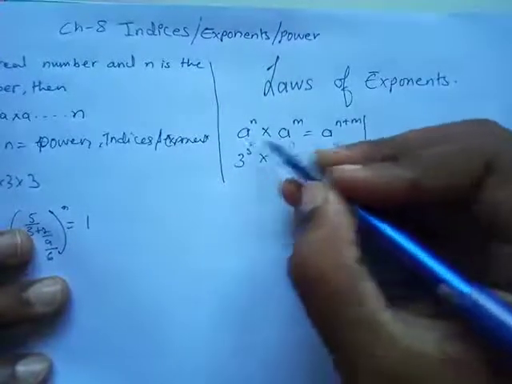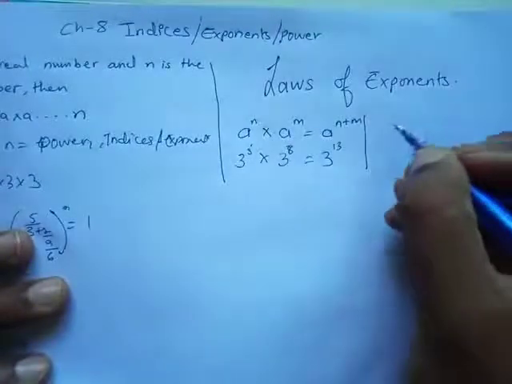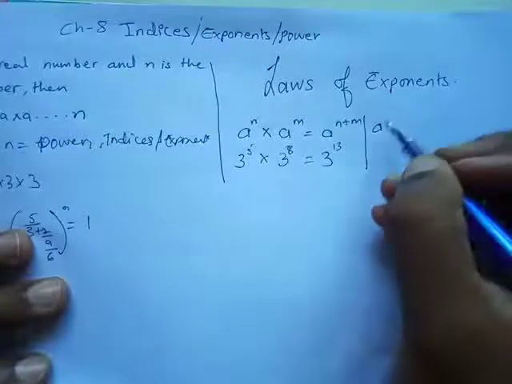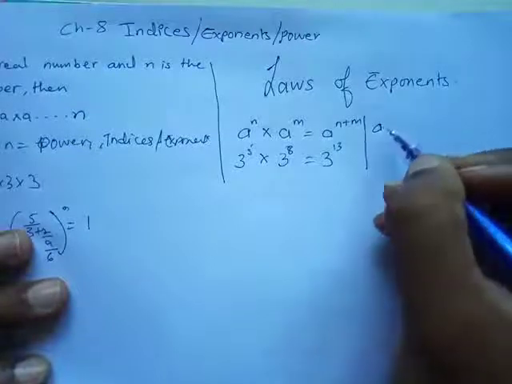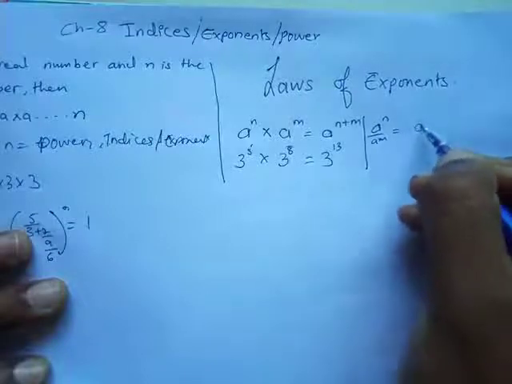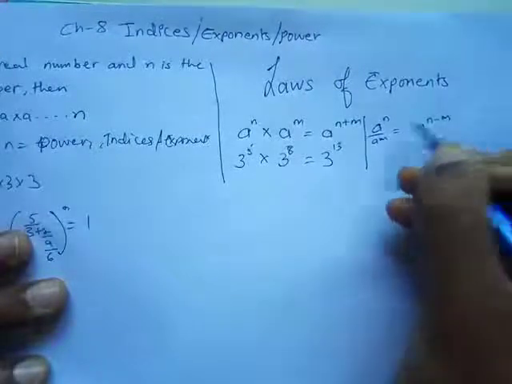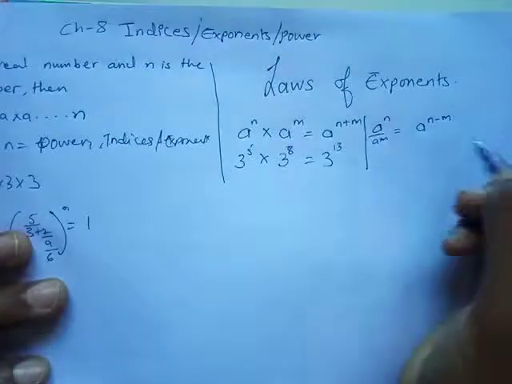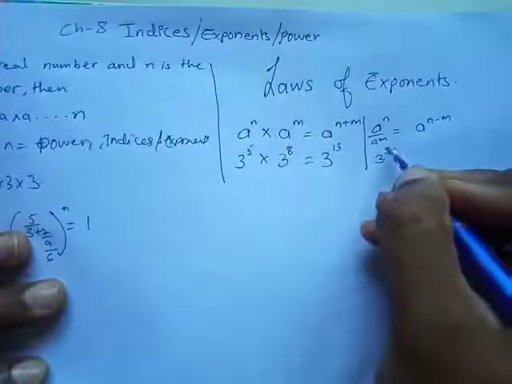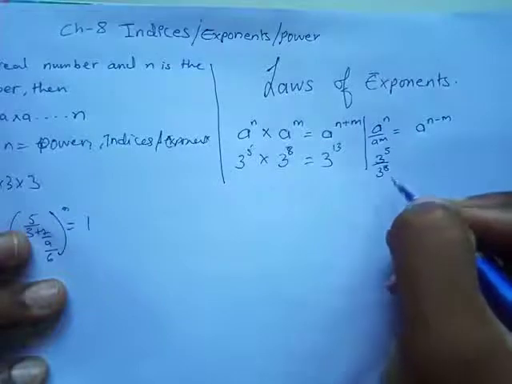If the bases are the same and they're getting multiplied, I can add the powers. And if the bases are the same and they are getting divided, a to the power n and a to the power m, what can I do? I can write one base and write n minus m, the upper one first, the lower one later, and subtract. I'll take the same example, 3 to the power 5 and 3 to the power 8.